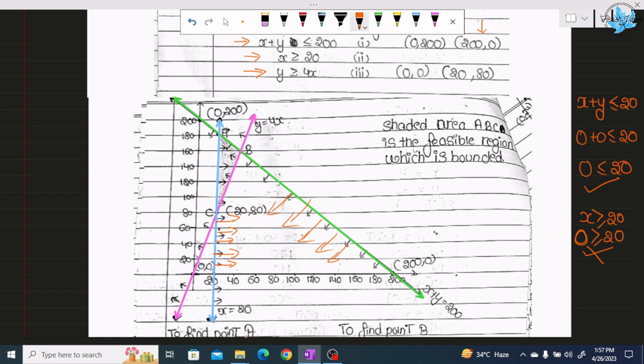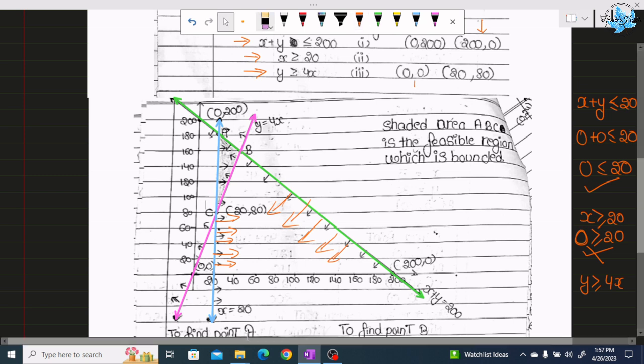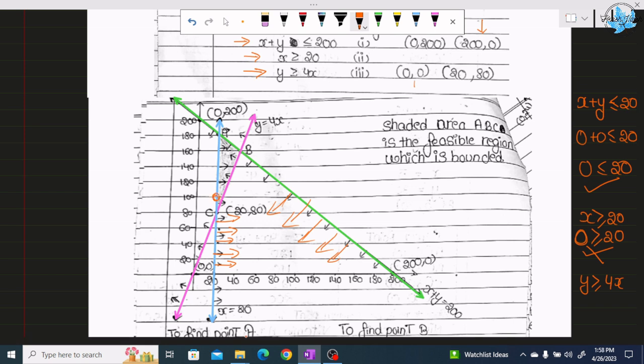Now comes the third equation, that is y is greater than or equal to 4x. If I consider a point, now it is already passing through the origin, so you can take any point. Suppose I have taken this point here.